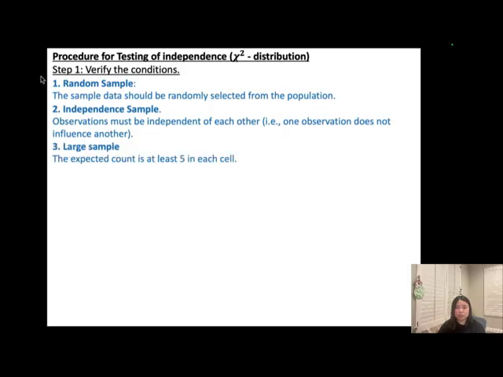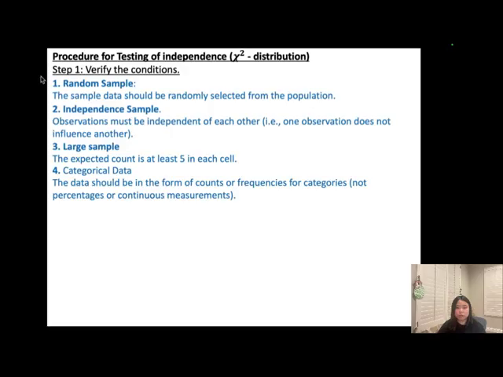Number 3, large sample: the expected count is at least 5 in each cell, so make sure you calculate the expected frequencies and double check that they are at least 5. Number 4, categorical data: the data should be in the form of counts or frequencies.